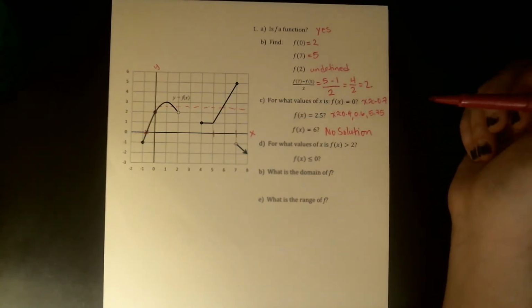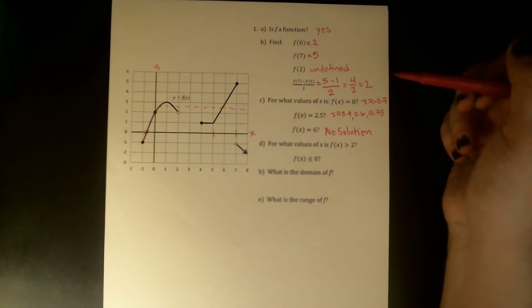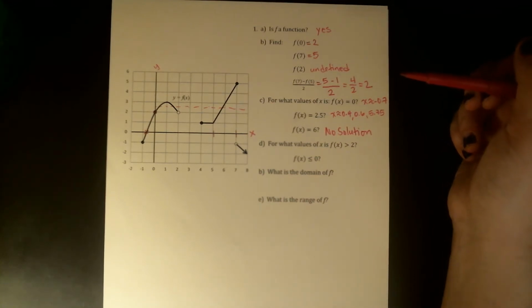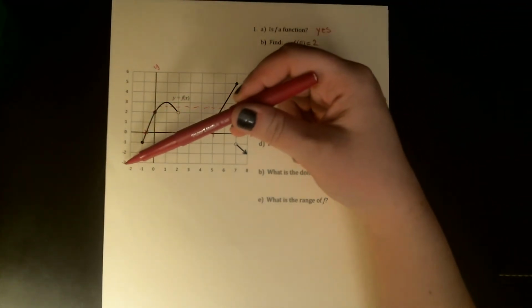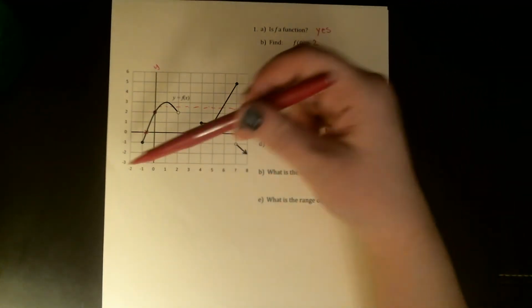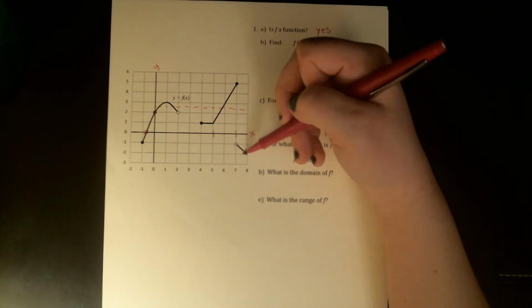Just to point it out, look at this graph for a second, maybe pause and think about what you would say if I asked you to solve f of x equals -3. So again, pause if you want to think about it for a second. I would say -3 is my output. If I'm looking at what's going on here, I don't see that I hit the function at all, but we need to pay attention. There's an arrow on the end of this function, and it is a straight line.